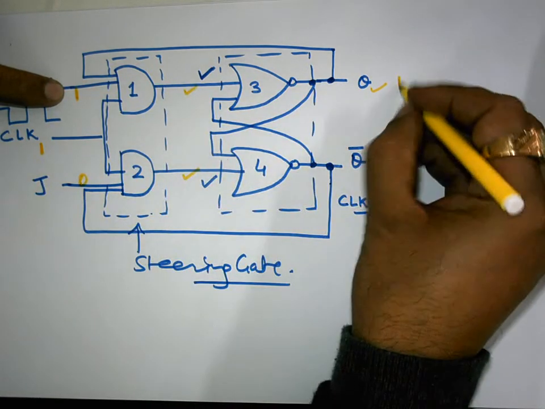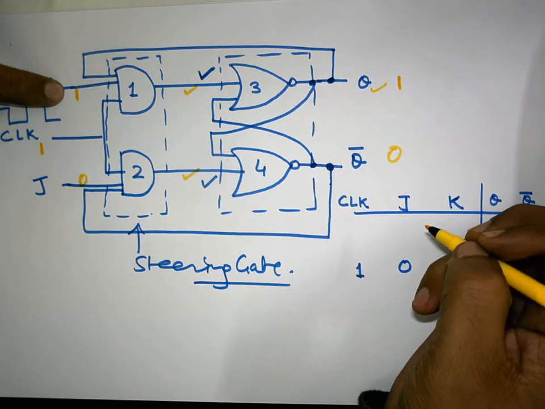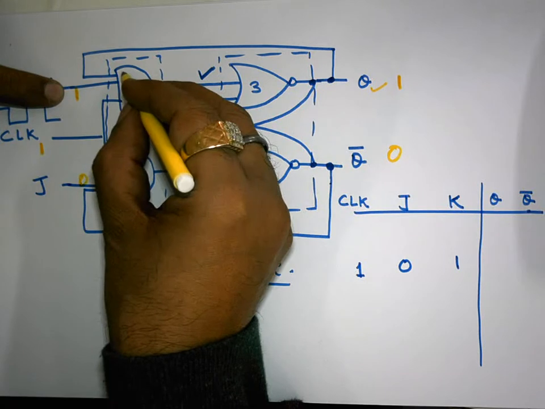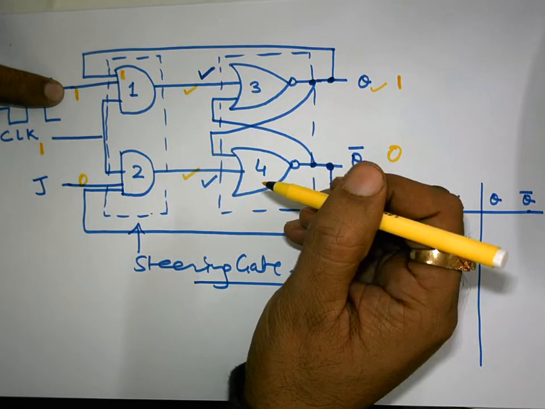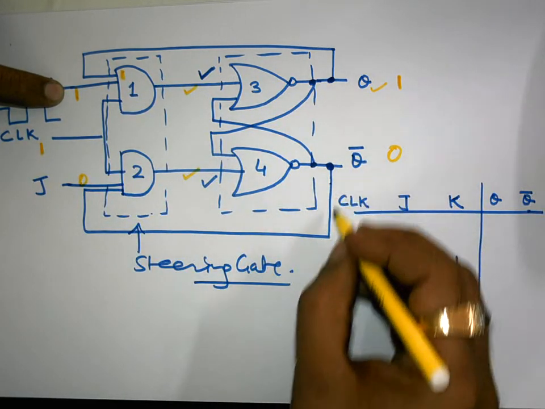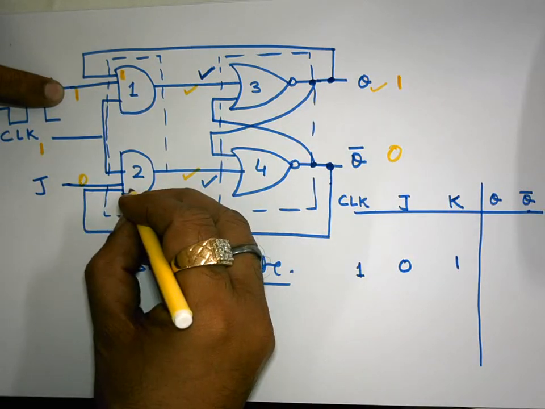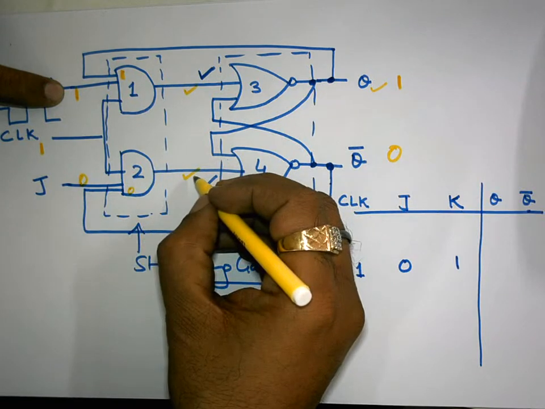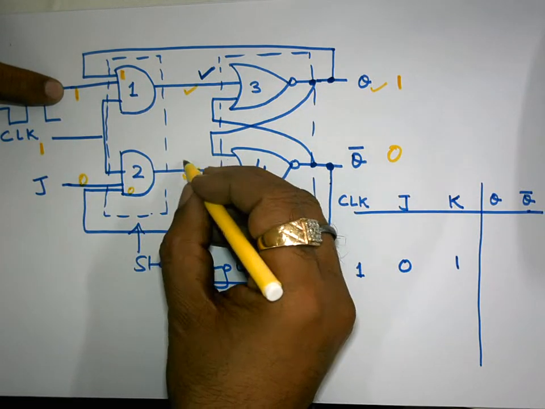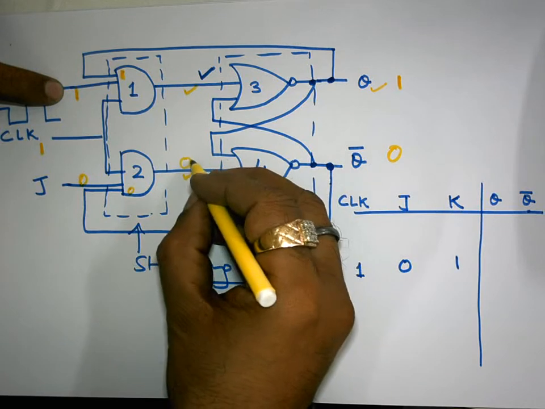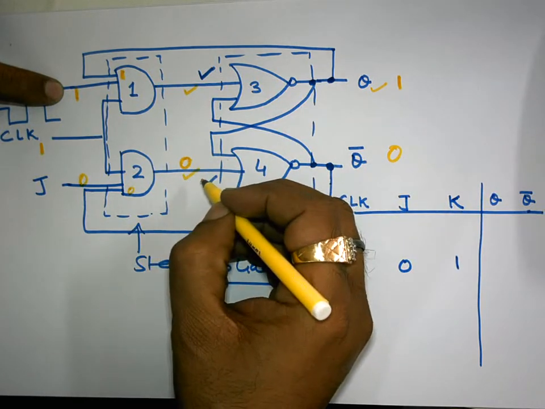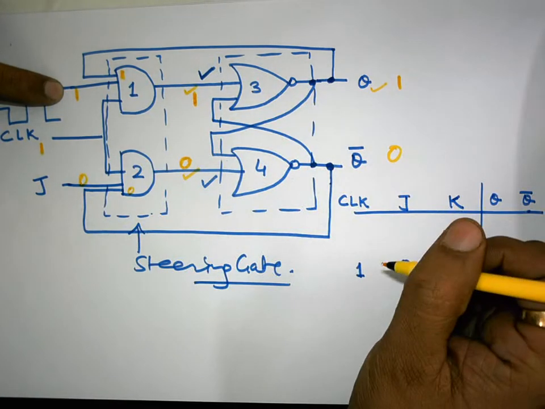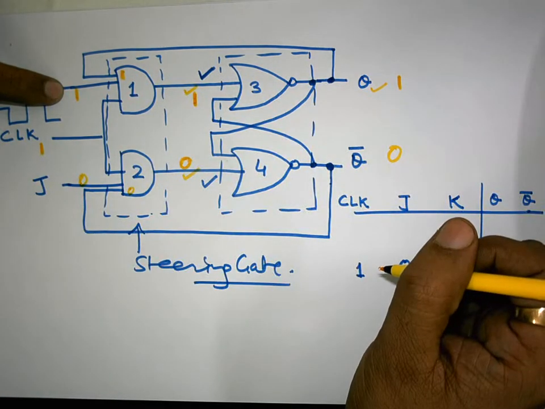So better you assume that the present state is 1 0. Okay. So what will come at this input is 1, and at this input it will be 0. So it will be 0 at the output of gate number 2, because it is an AND gate, and 1 at this output.